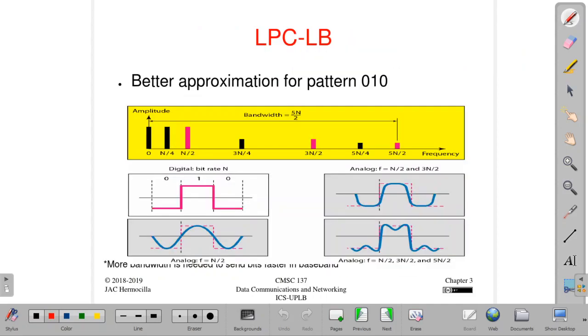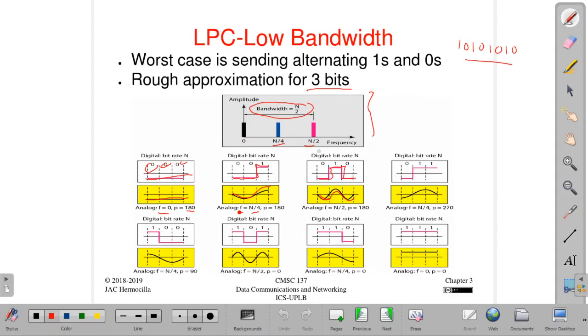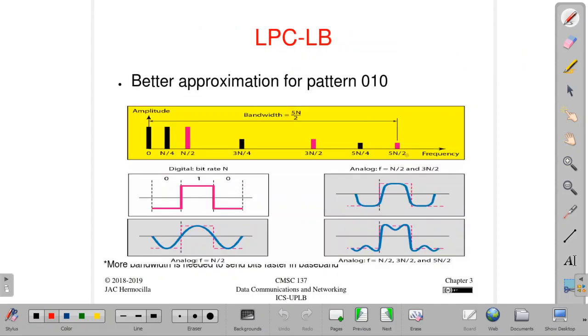But if we increase the bandwidth, so in essence, if we increase the number of frequency components to represent the signal, in this case we only use n/2 for the bandwidth, but here if we use this bandwidth 5n/2, then the approximation will actually be better.